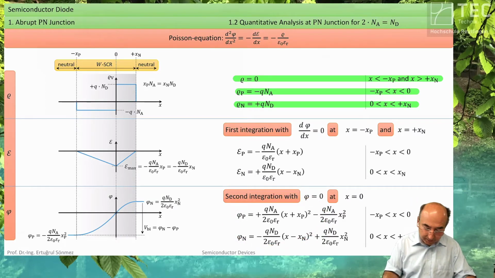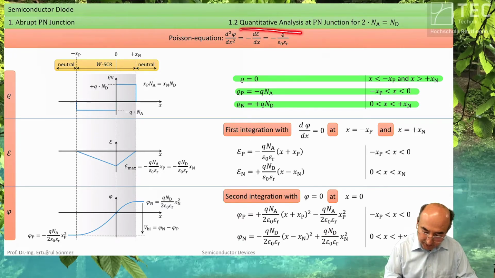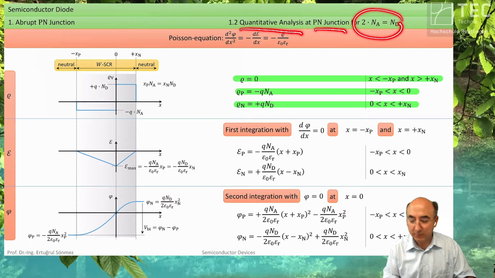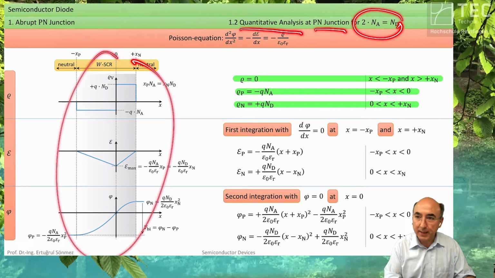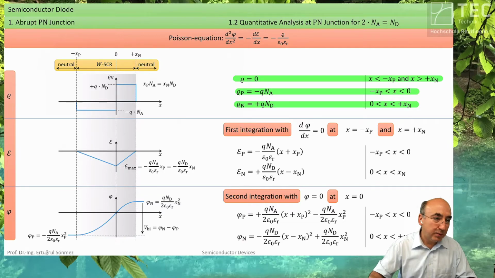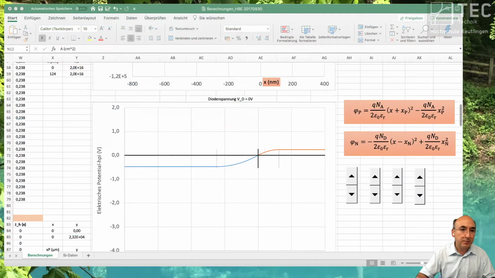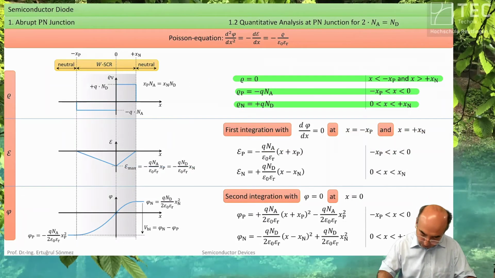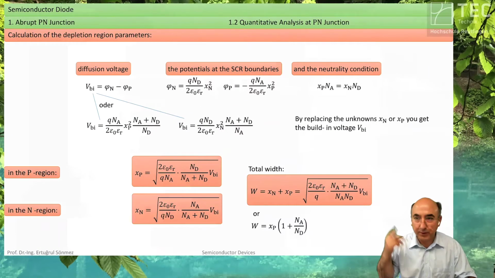Okay, so we have the quantitative analysis of the PN junction for this condition in the slides and also in the spreadsheet. So always take the spreadsheet to verify your knowledge.